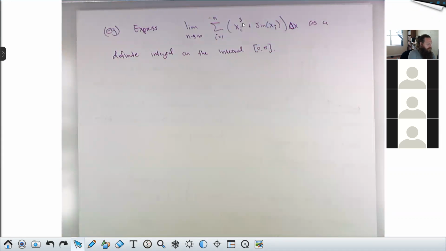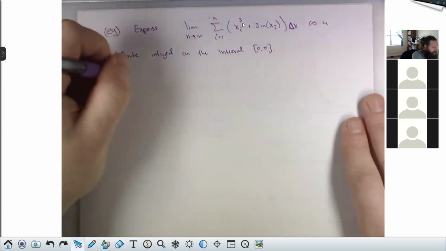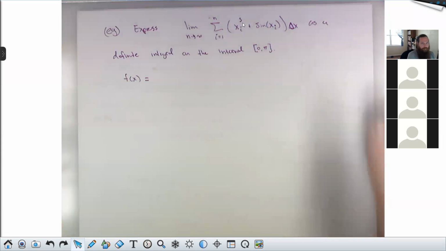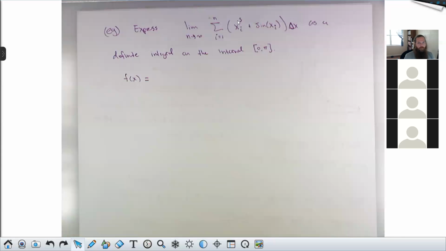What is my function here? Which part of this whole expression tells me what the function f of x is? Yeah, everything to the right of the sigma. Well, not everything to the right of the sigma. Everything to the right of the sigma, but before the delta x.